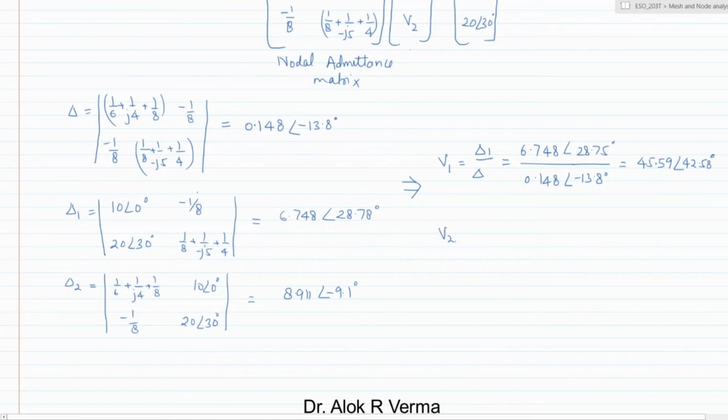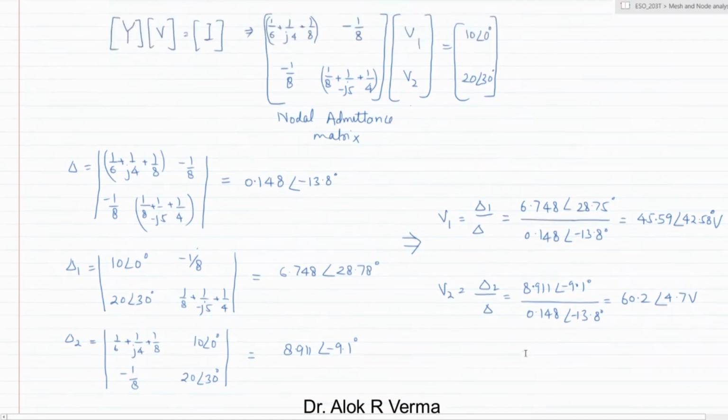Similarly, V2 will be nothing but del 2 by del, which is 8.911 angle of minus 9.1 degree divided by 0.148 angle of minus 13.8 degree. And if you solve this, the answer comes as 60.2, angle 4.7. Okay, so this is the answer for the solution.